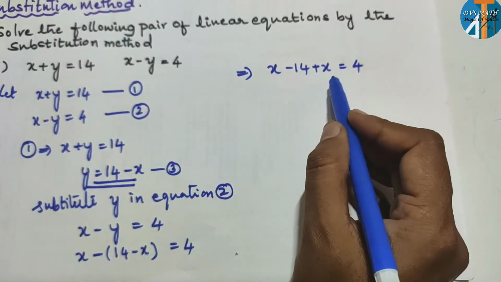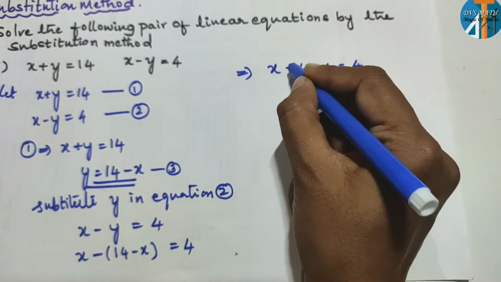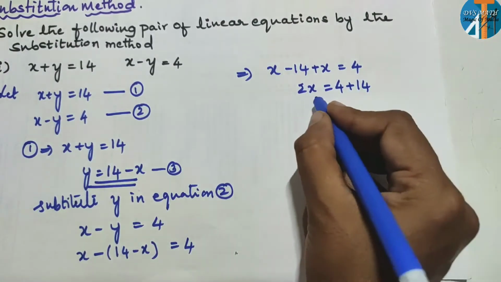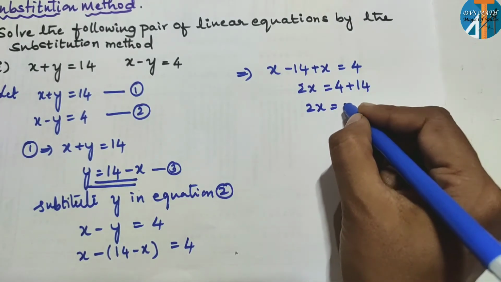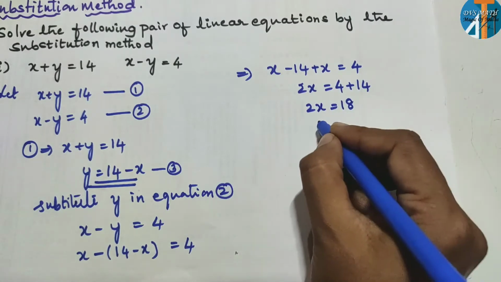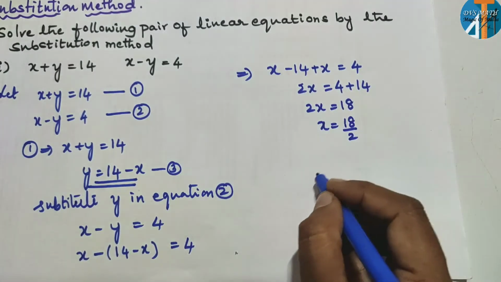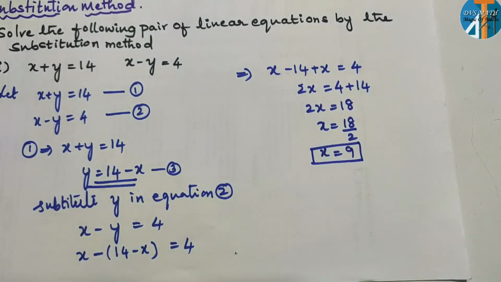So x plus x, you will get 2x is equal to 4 plus 14, because minus 14 on the RHS becomes plus 14. How much is 4 plus 14? You will get 18, right? So x is equal to 18 by 2, so x is equal to 9. So you got the value of x now.